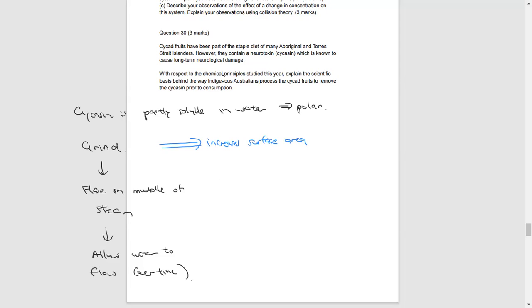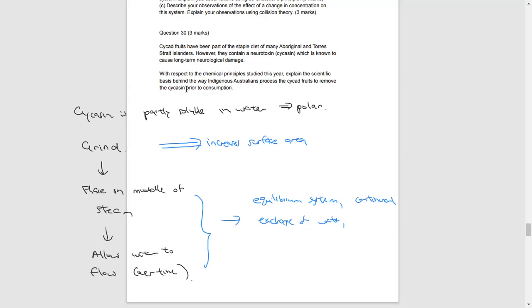And then more importantly, as far as this question is concerned, the fact that we're placing it in the middle of the stream and allow water to flow, we would refer to the fact that basically it's an equilibrium system with a continual exchange of water, so that the toxin can dissolve into the water, but then the water is washed away and you're replacing it with new water constantly.